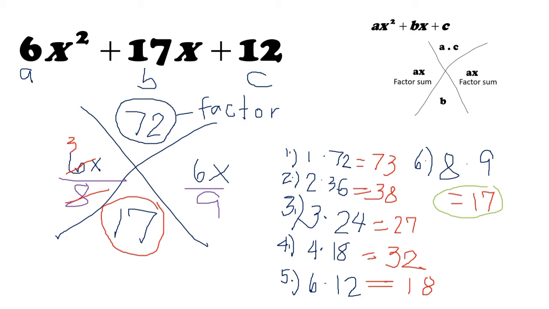So 6 divided by 2 is 3, 8 divided by 2 is 4. So we now have 3x plus 4. The other portion is divisible by not 2 but 3. So 6 divided by 3 is 2, and the other one is 3.